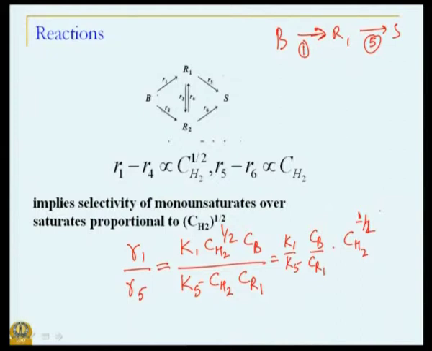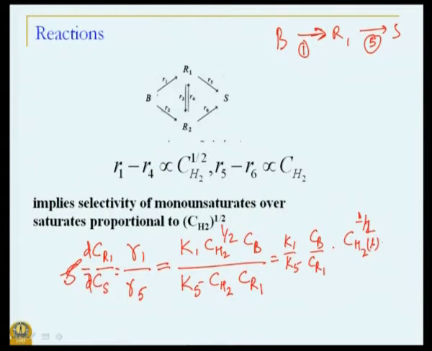So, what does it mean? It means that selectivity of R1 over S. Remember, this is the indication of selectivity, that is, let us say concentration of R1 over concentration of S, okay, in a crude way, or dCr1 by dCs if you look at the point selectivity. So, now this selectivity is inversely proportional to hydrogen concentration in the liquid phase.